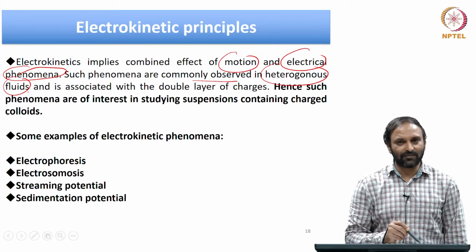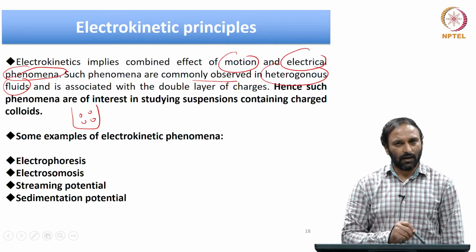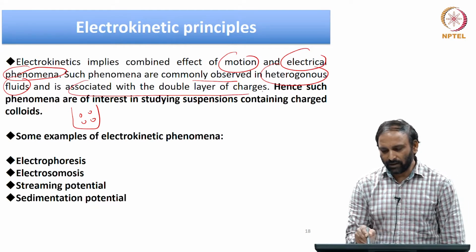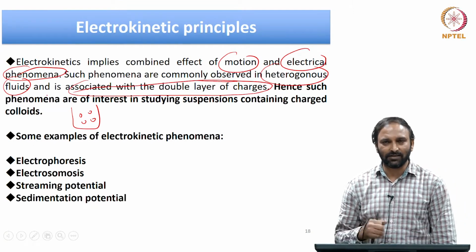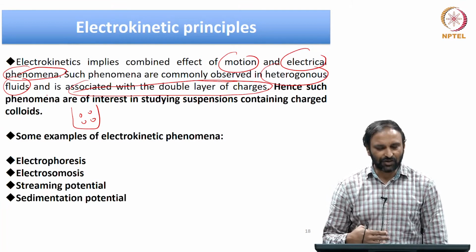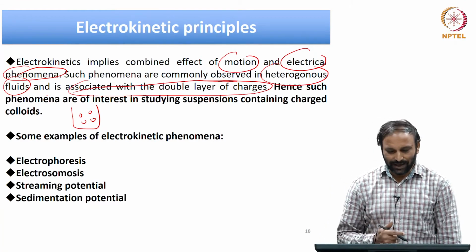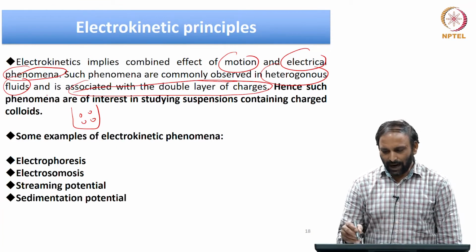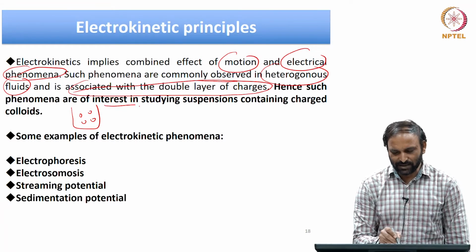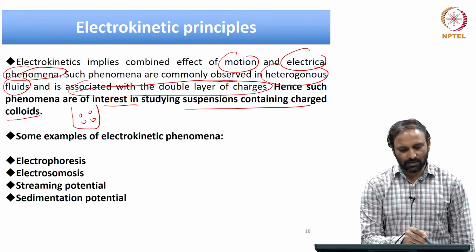When we say heterogeneous fluids, these are fluids containing particles, and it is associated with the double layer charges. The fact that there is an electrical double layer around a charged particle manifests in the electrokinetic effects, and therefore, such phenomena are of interest in studying dispersions containing charged particles.